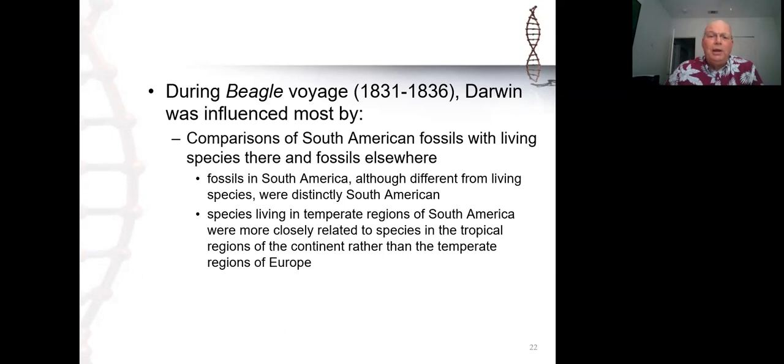So if you think of South America as having some temperate regions, if you look in other temperate regions around the world, there is no similarity between the organisms of these various temperate regions.